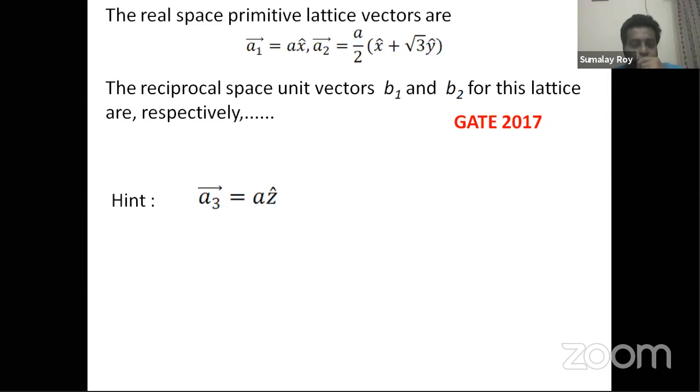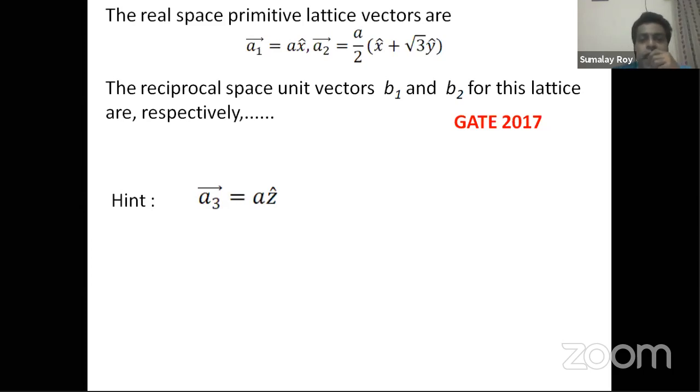Okay, so that is one. There is no problem, you can consider a unit vector in the z-axis also. But the point is, the volume has to become a cube, right? So you have to consider that. You can do it, it's no problem.